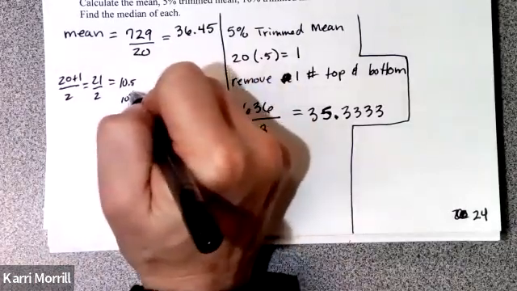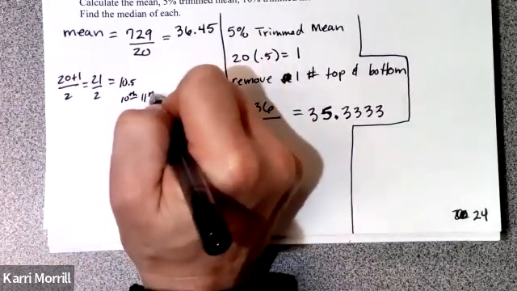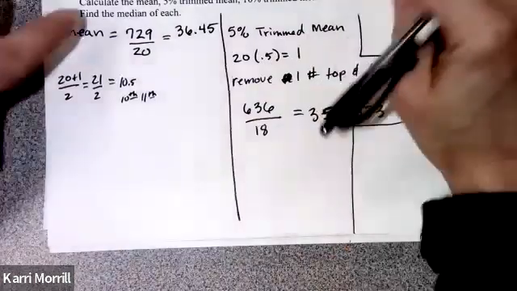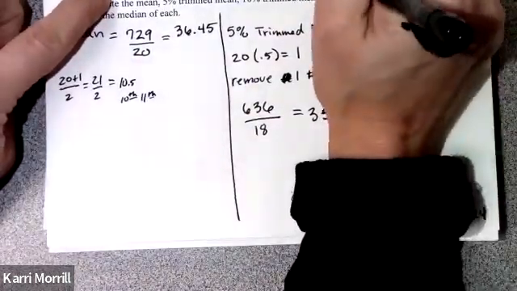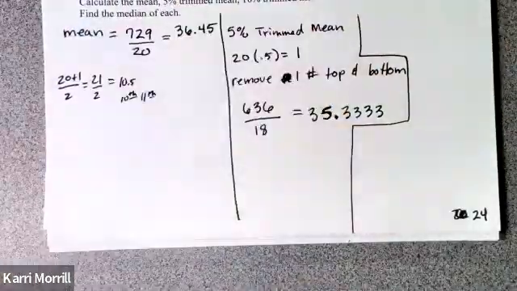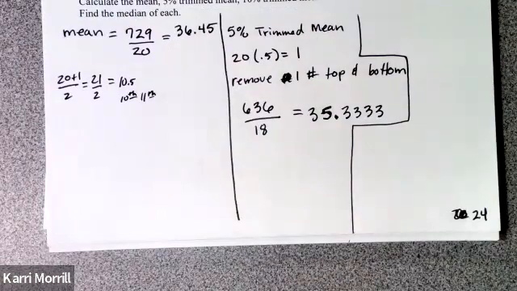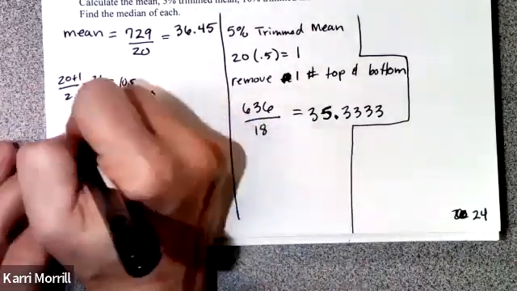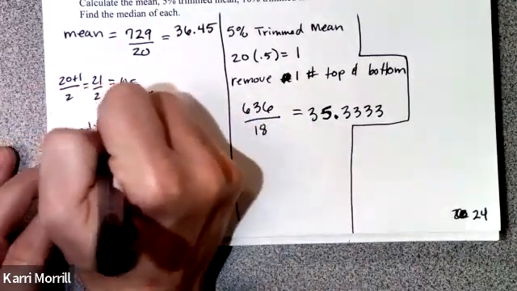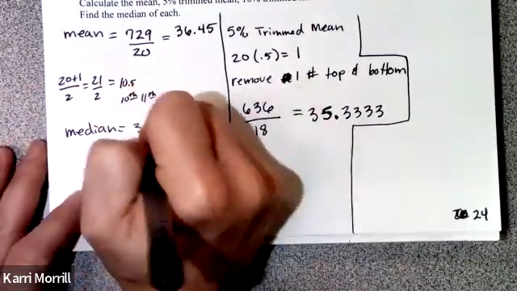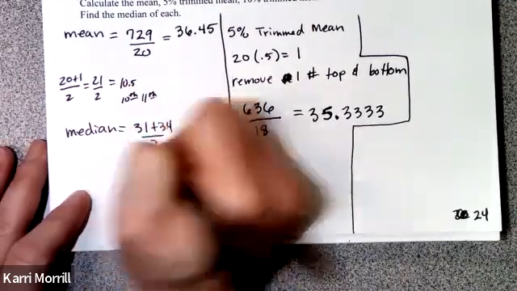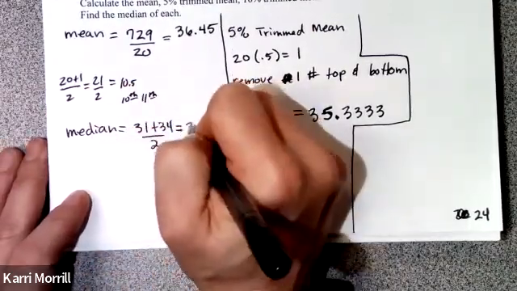So that means the 10th and the 11th number before we had eliminated them. But you also could think these two digits that were on the ends, those two would be right there in the middle of the set of numbers. So your median would be 31 plus 34 divided by 2, which gives you 32.5.